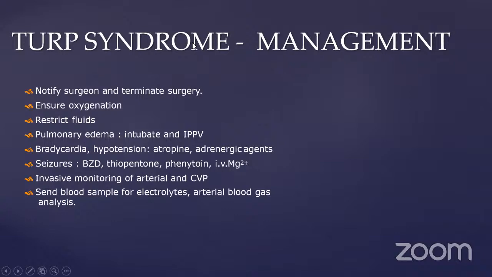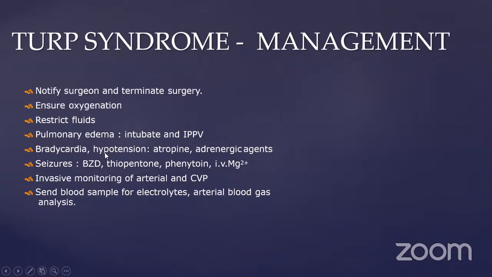In TURP syndrome management, the surgeon should be immediately notified, and the surgery should be terminated, and ensure oxygenation of the patient, restrict the fluids that are given to the patient, and watch for pulmonary edema. In case of pulmonary edema, intubate the patient immediately.